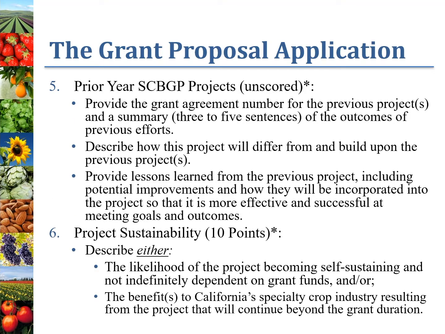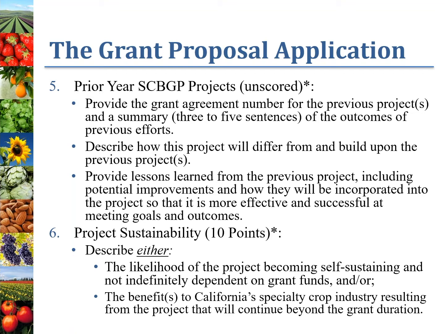Question 5, prior year SCBGP projects, is a multi-part question and is also unscored. If the project you are submitting builds upon a previous SCBGP project, include the grant agreement number for the previous project or projects and the outcome from those projects.